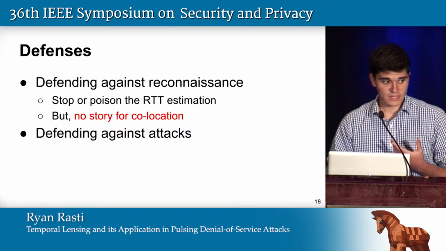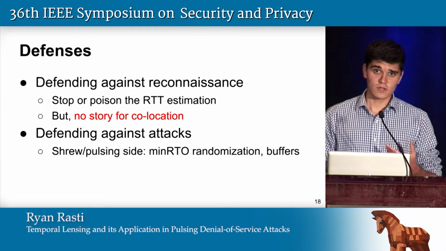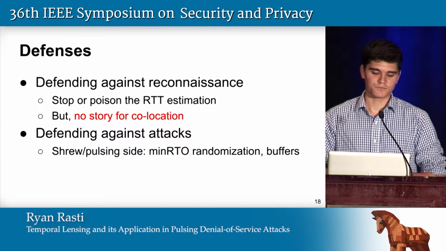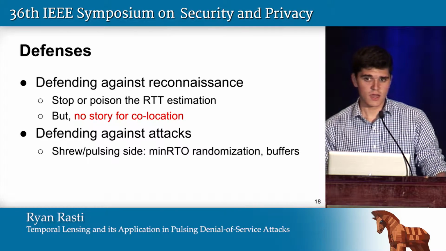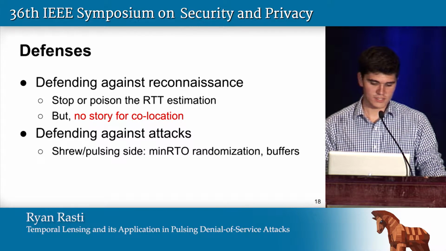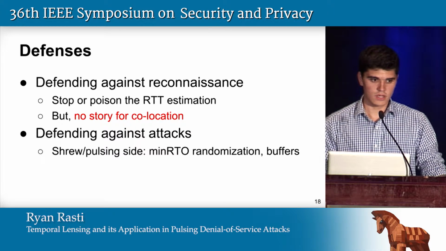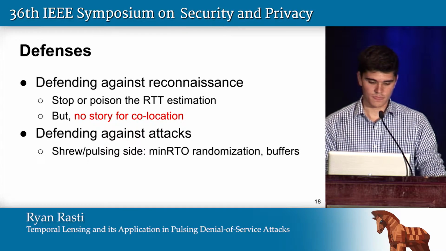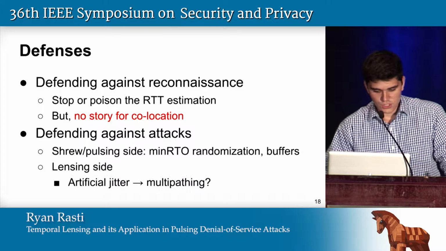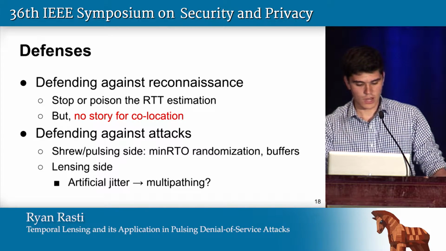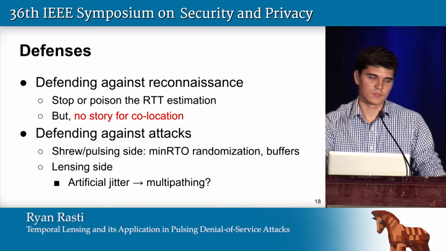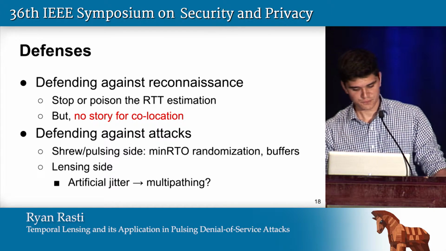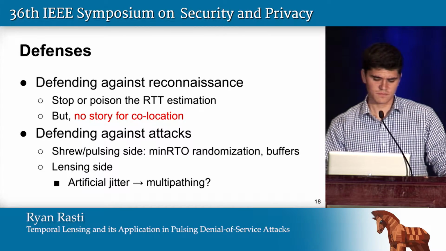For defending against the actual attack, for the shrew and pulsing side, there's been prior work on strengthening TCP, either through randomizing the RTO value, increasing buffer sizes, things like that. Our contribution here was perhaps routers could add an artificial amount of jitter to packets as they're sent, and this would essentially spread out the pulse that's created through lensing.